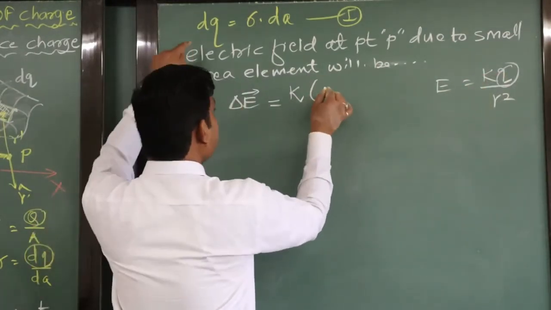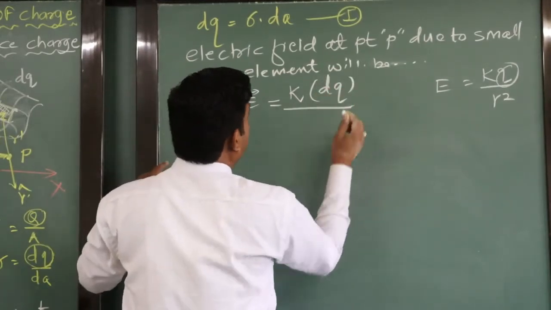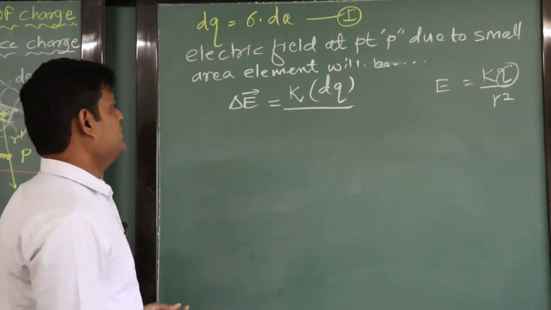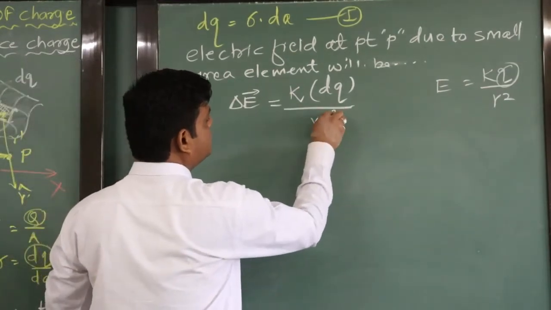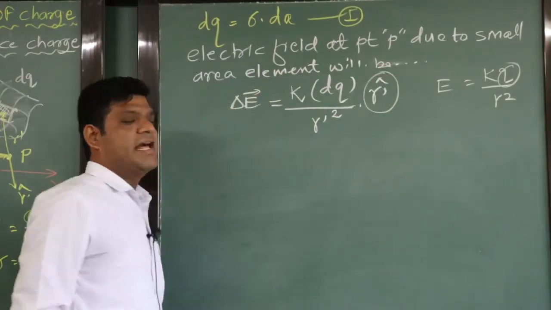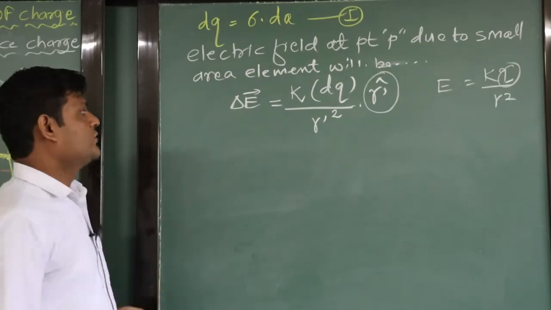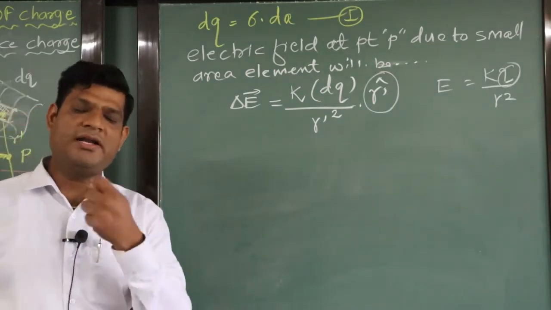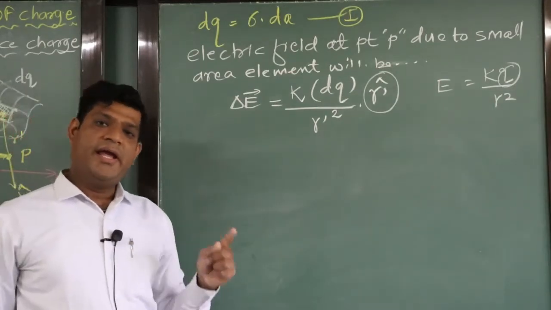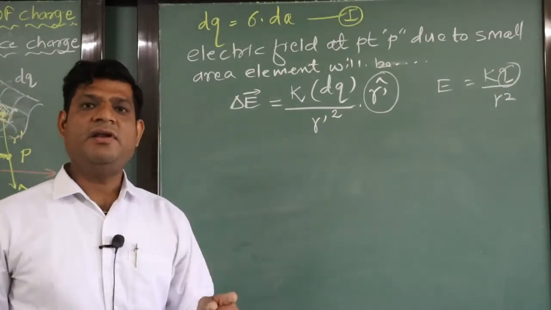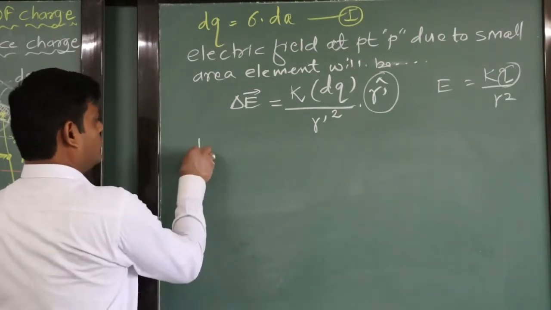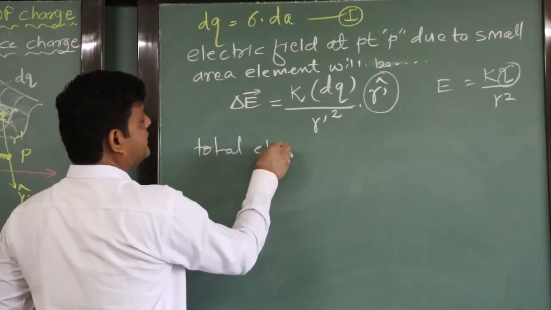Here r square means distance square, and the distance is r dash, so it is r dash square. And r dash cap is a unit vector in the direction of the electric field. So this is the small electric field at point P due to the small area element. But our aim is to find the electric field at point P due to the whole surface.